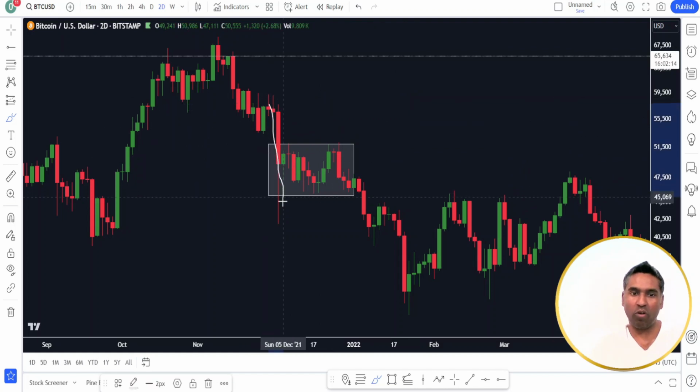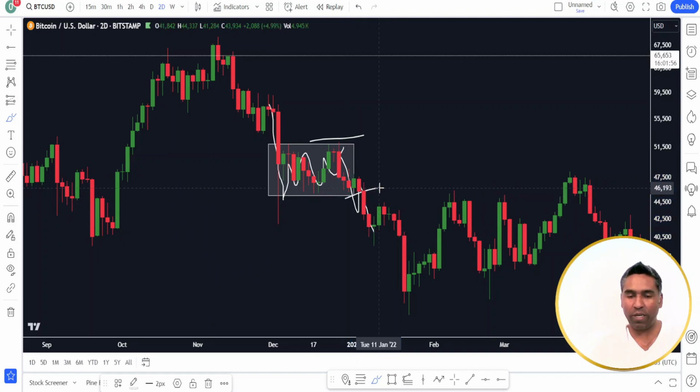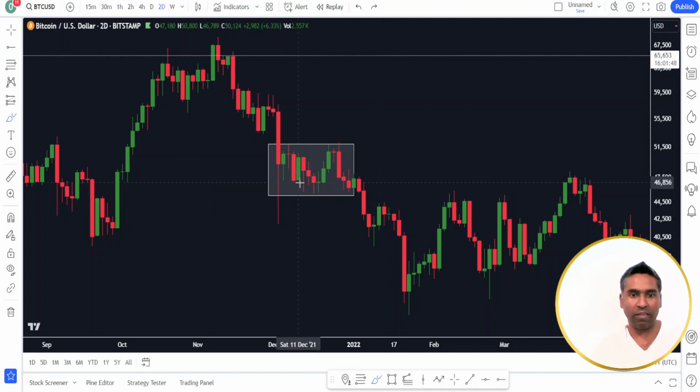So for example, in pullback, if the price is coming down and going up towards the resistance, and we try to find some candlestick patterns on the resistance areas, this is the pullback strategy. The other one is a breakout strategy, where we try to find some candlestick patterns near the support to enter the area. These two strategies we will be trying to understand once again, and we will try to know how to enter the market in these two types of strategies.